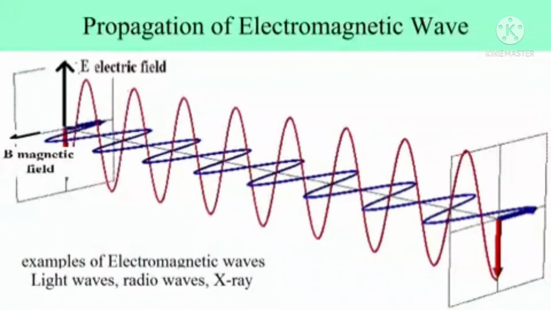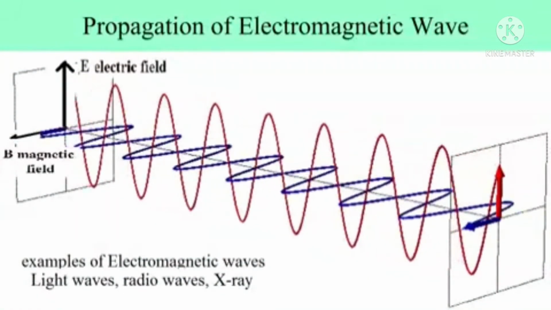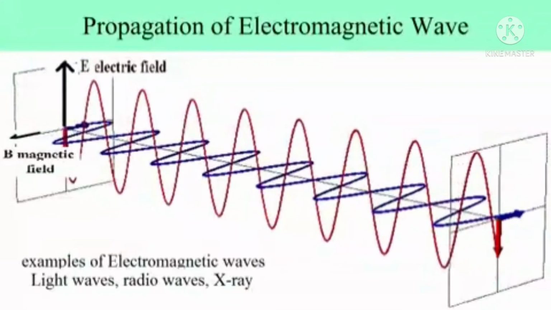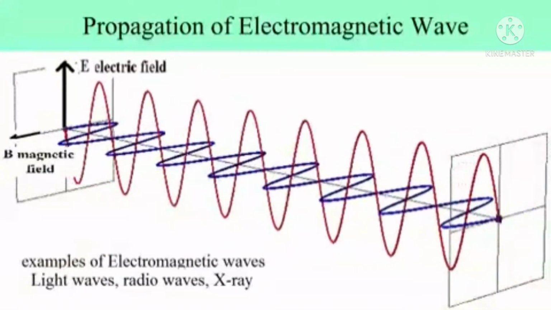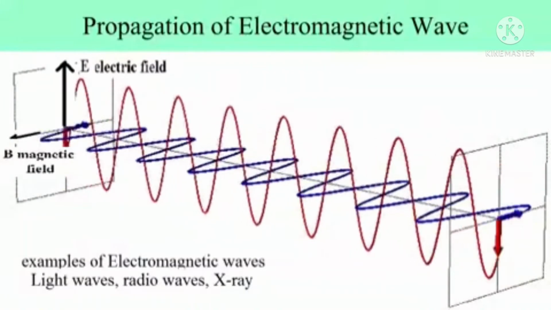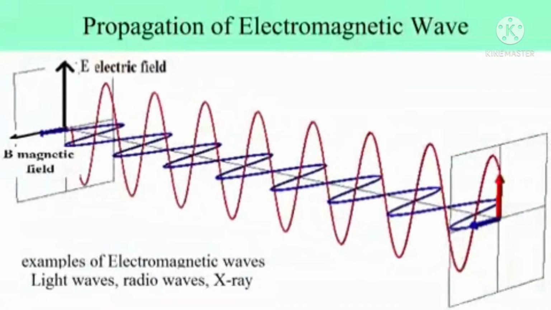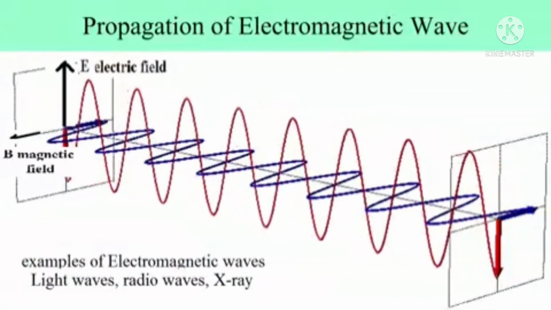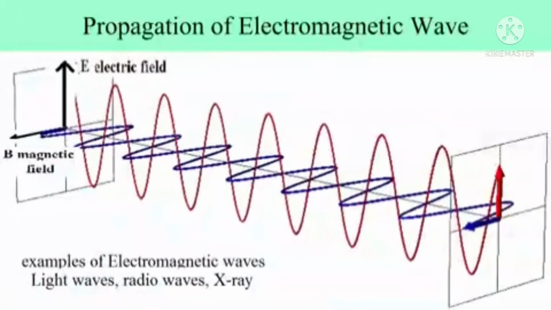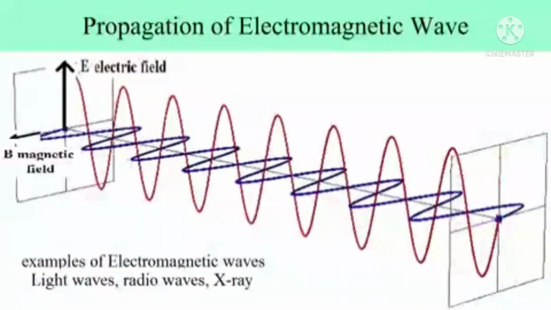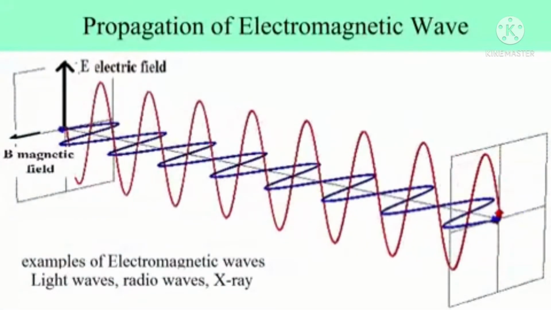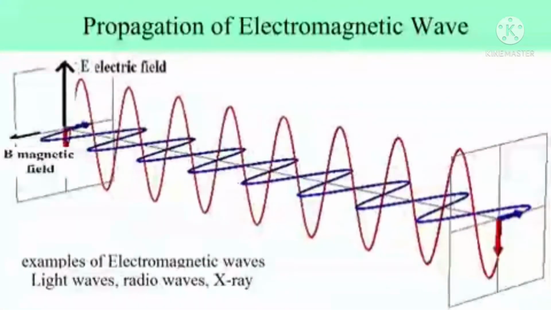In this PPT, we clearly observe that the direction of vibration of the waves is perpendicular to the direction of propagation of a wave. That means these waves have transverse nature, and light waves are examples of electromagnetic waves. Therefore, light waves also have transverse nature.